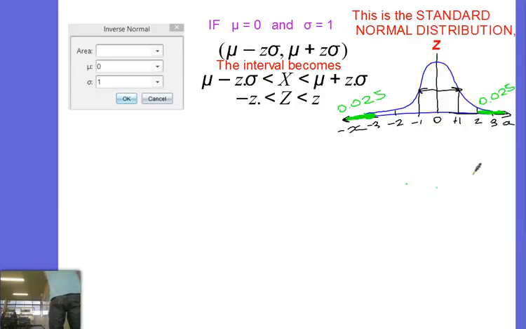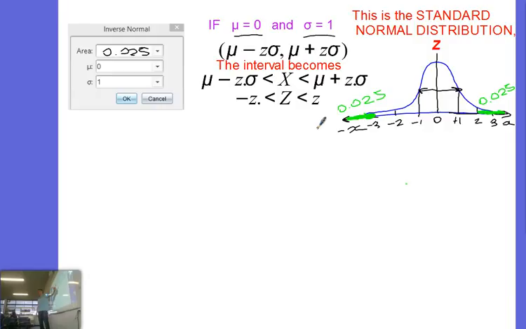Now, we calculated for that area of 0.025. For our standard normal curve of mean 0, standard deviation 1, the interval becomes from a minus z to a positive z.